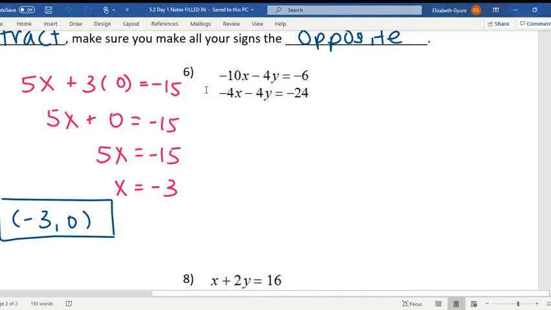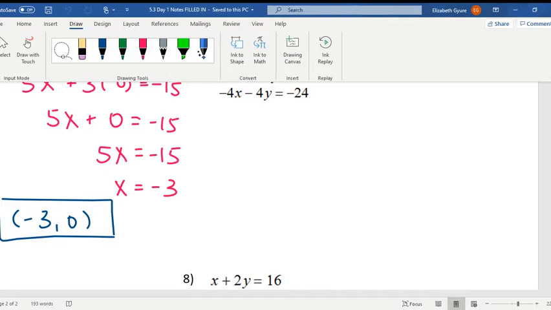So what we need to do is go through, and we're going to actually subtract, because remember, if you subtract here, a negative and a negative is going to make this a positive, right? And a -4y will cancel with a +4y. So since our signs are the same here, we don't want that. We want opposite signs. So we're going to go through and switch all our signs on this bottom equation to make it something that will cancel.